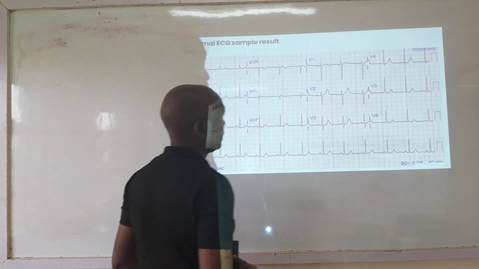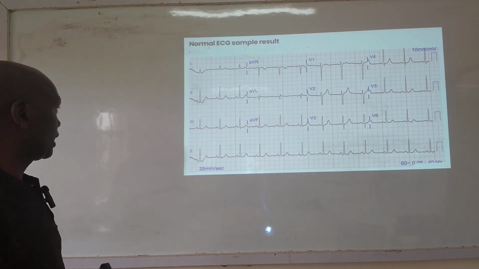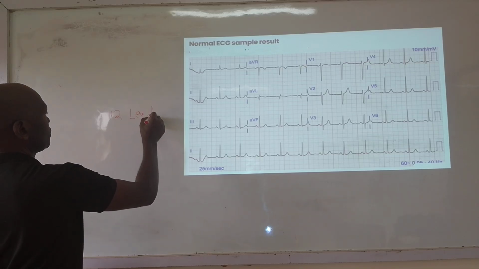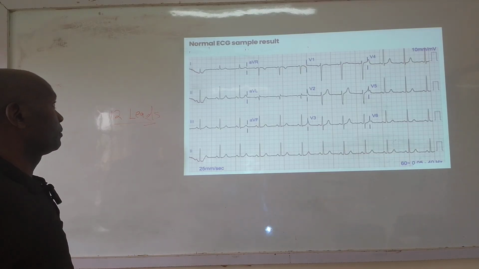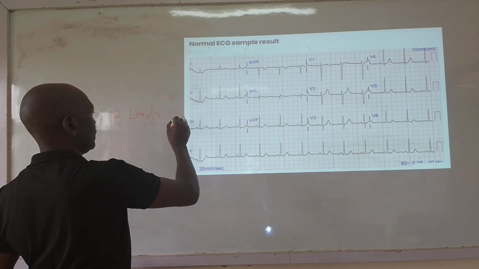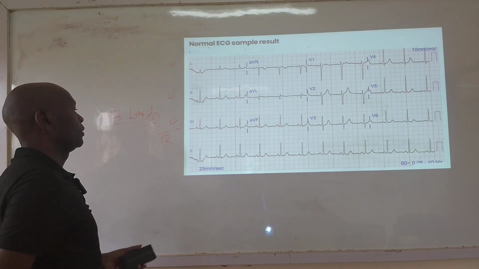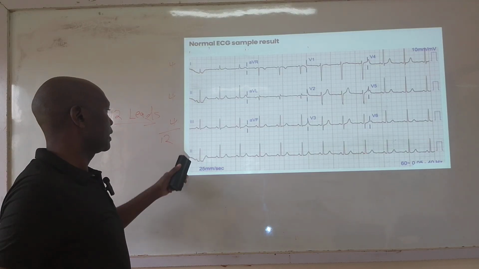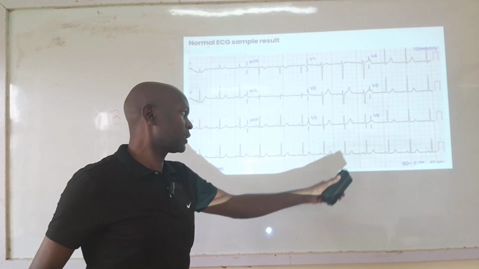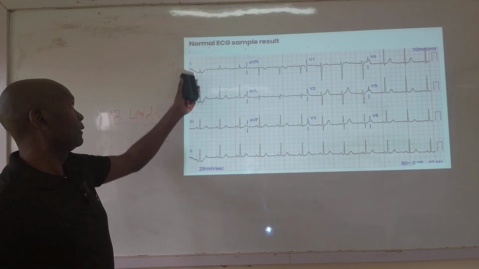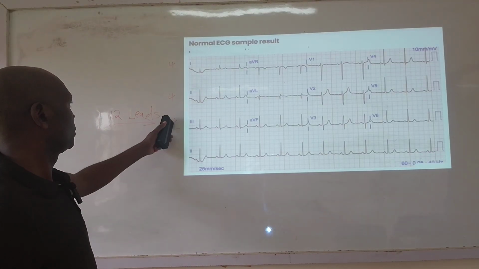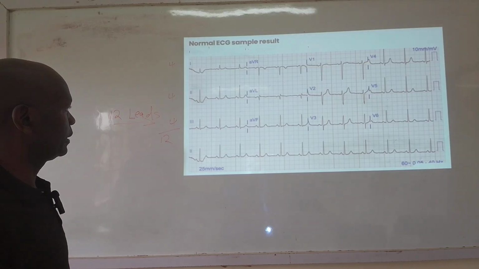And we say an ECG has a total of 12 leads, which means if I have 4 here, 4 here, and 4 here, then that is 12. This one is just a replica of V2, and it is continuous. So it's not among these that we use to calculate the total number of leads.